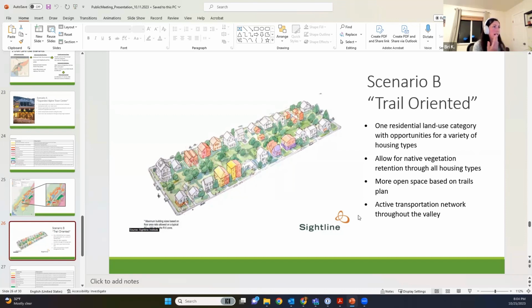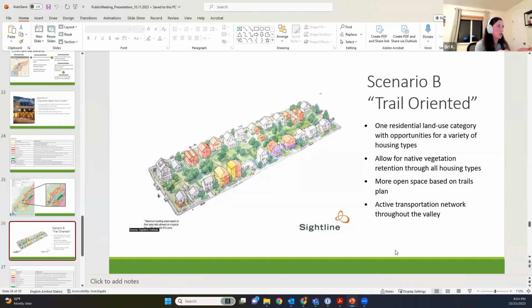So we still have this active transportation loop and residential, and without limiting residential density, you could develop higher density residences around that trail network. The other thing we wanted to point out about this concept is that there are potentially design standards that would allow you to achieve more aesthetic goals, whether that's maintaining native vegetation.